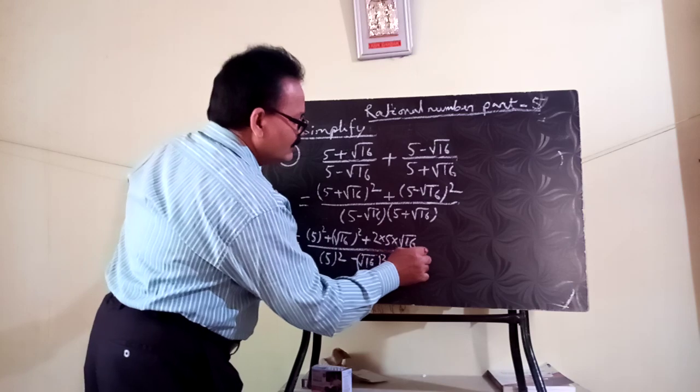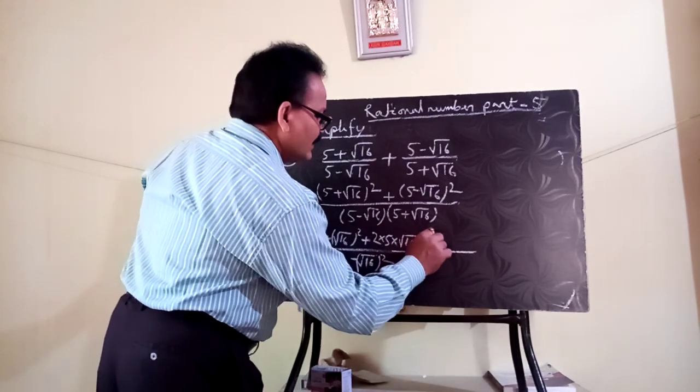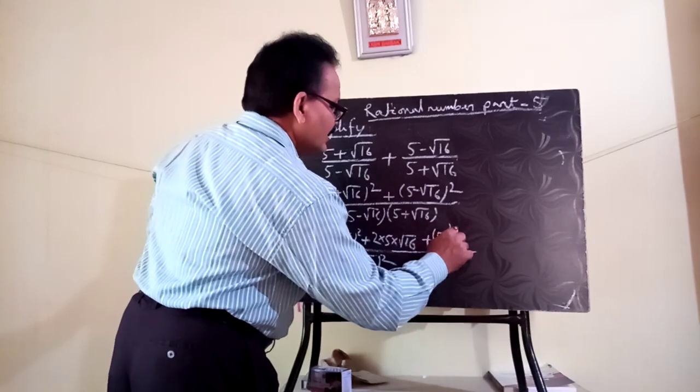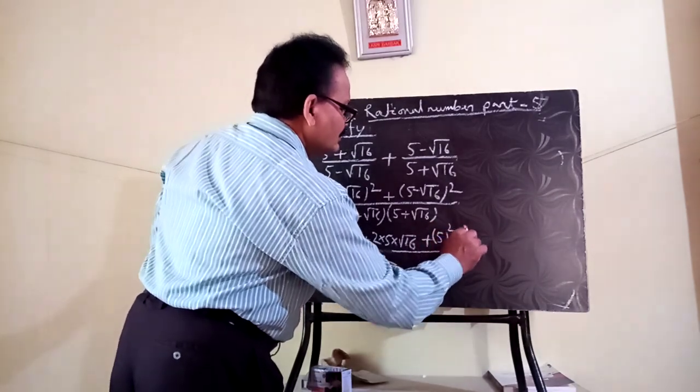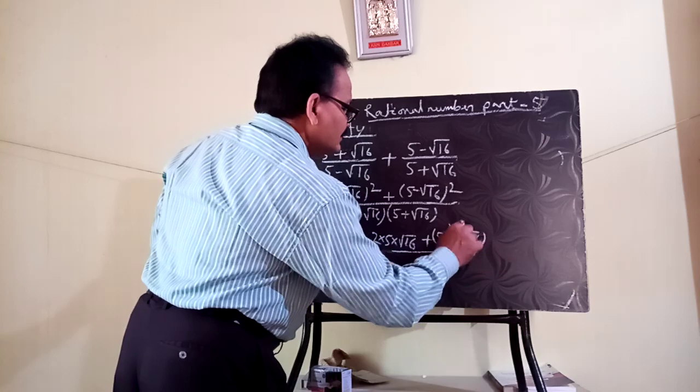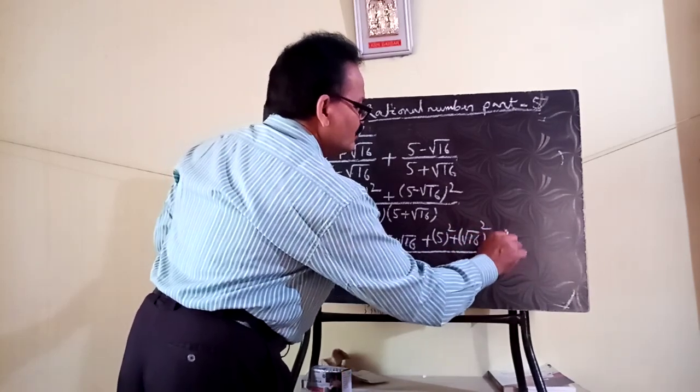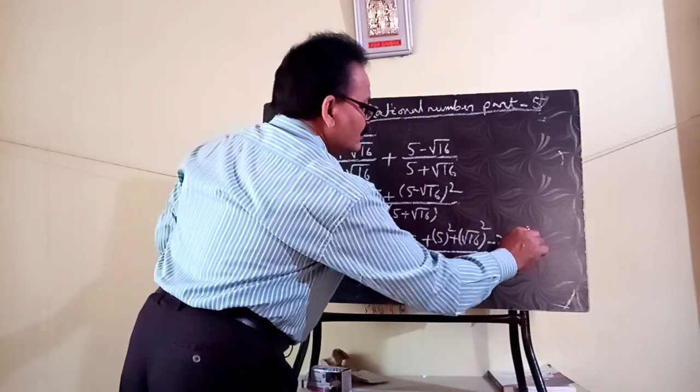Again this is your 5 square plus root 16 square and minus 2 into 5 into root 16.